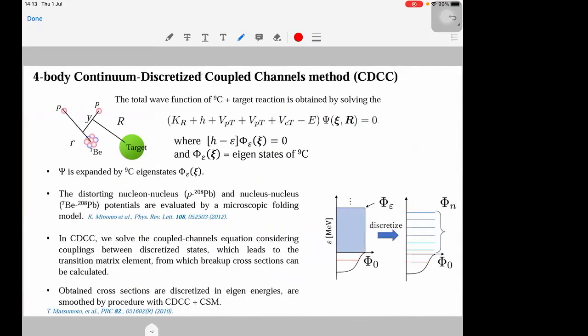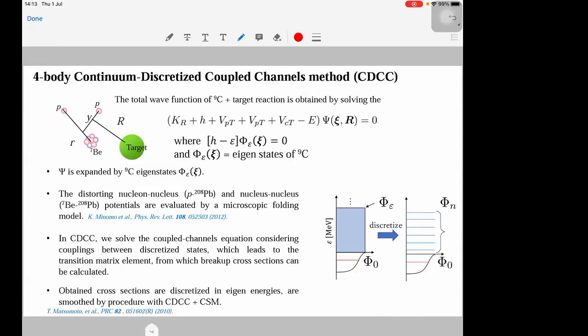So with this, we can fix the continuum of our system. Once we have the structure information, we plug it into the reaction model, for which we have used the well-established quantum mechanical reaction model, which takes into account the Coulomb and nuclear breakup processes on an equal footing. I will briefly introduce the formulation of 4-body CDCC.